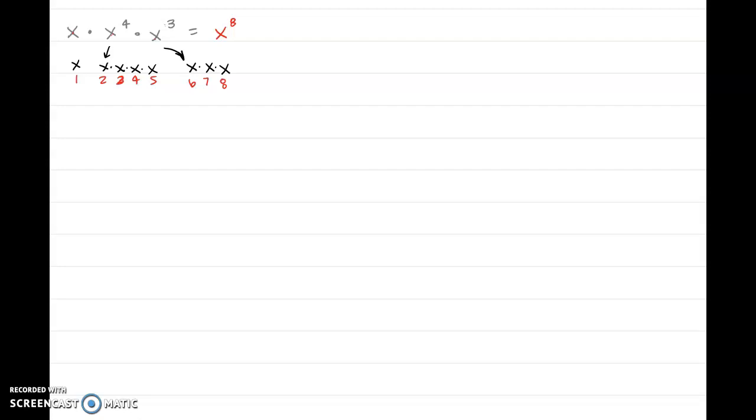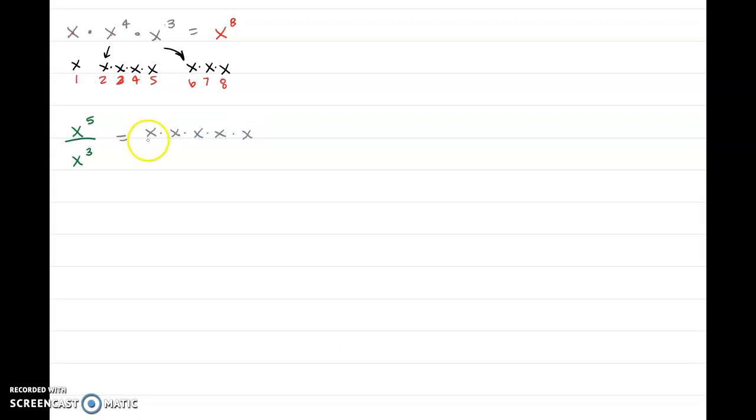So that's multiplying. The title today was multiplying and dividing. So what if I have x to the 5th divided by x to the 3rd? Well, what am I going for there? Typically when you divide numbers, they get smaller. There are some special cases when they don't.